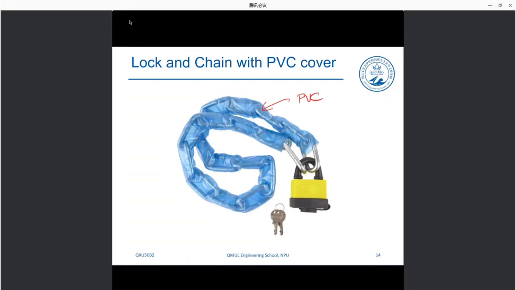Can anyone realize why I used to hate this lock and chain when it was winter? Please let me know in the chat. Why would I hate this lock and chain with this PVC cover when it was winter?